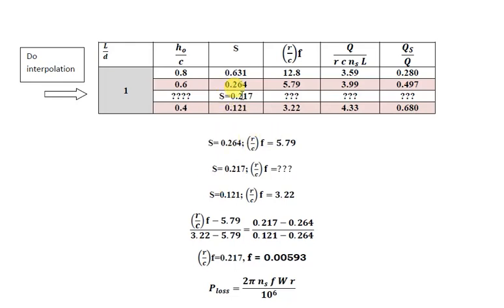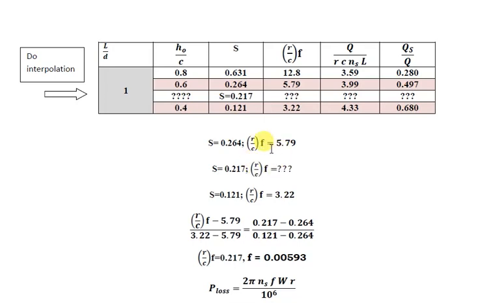We write. Then intermediate value for S is equal to 0.217. The R upon C into F is unknown. Then corresponding lower value is 0.121, and corresponding R upon C into F value is 3.22. So we write this one, and how to do the linear interpolation?